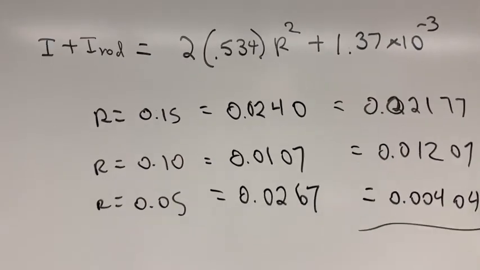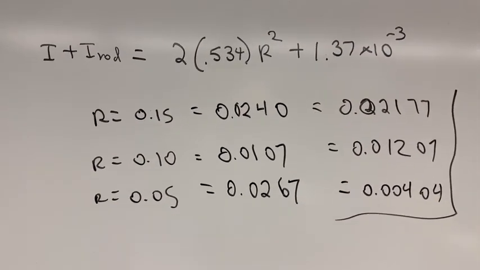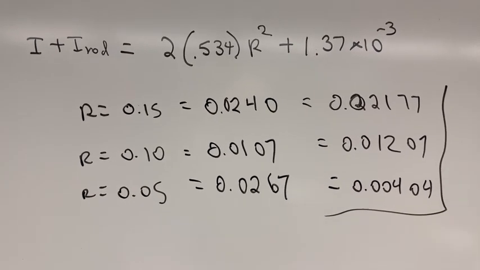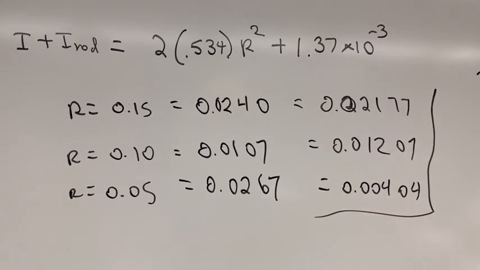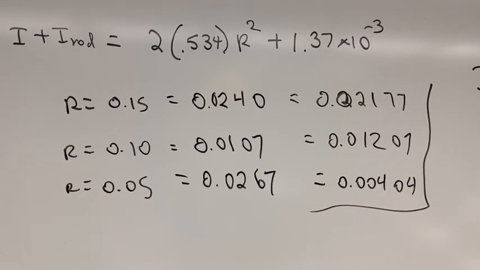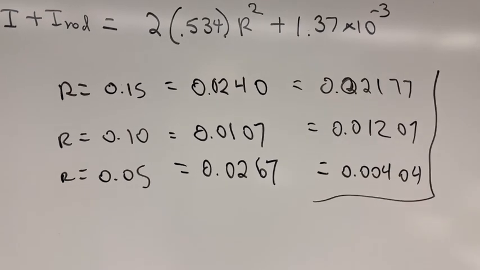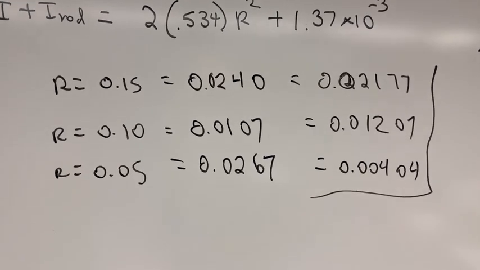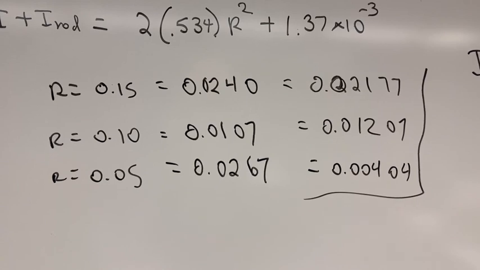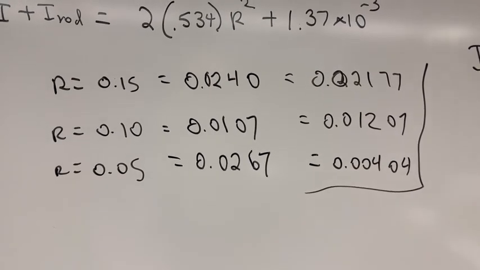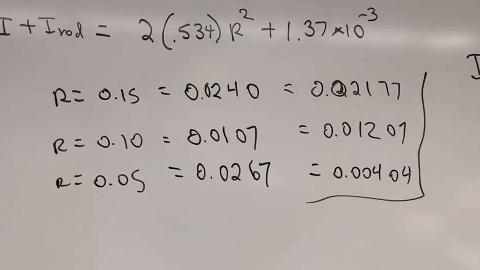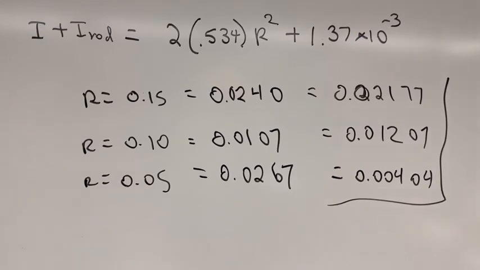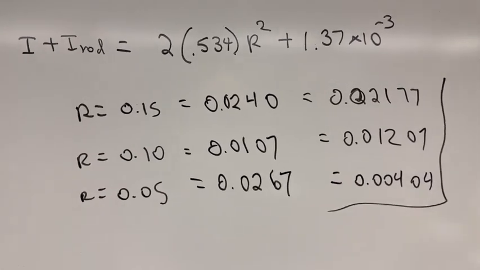And for these, moment of inertia is going to be the big masses plus the rod. And I've calculated that for each of these for you. For R is 0.15, it's 0.02177. For R is 0.1, it's 0.01207. And for R is 0.05, it's 0.00404. Notice how this gets smaller for each case. I will now take the data and then once we do that, I'll then go through how we did the results.